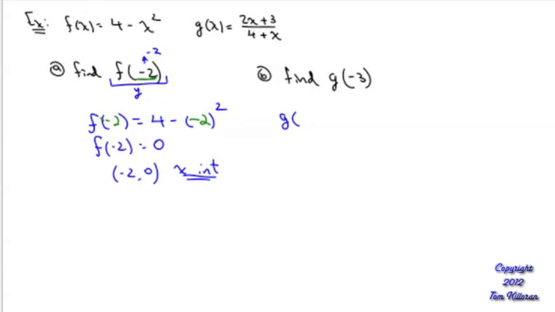This becomes g of something is equal to 2 times something plus 3 over 4 plus something. I know this step is trivial, but it becomes really, really important later. So if you get used to it now, life becomes easier for you later. If you do shortcuts now, it's just going to punish you later. What goes inside the parentheses here? -3. And inside every single parentheses afterwards.